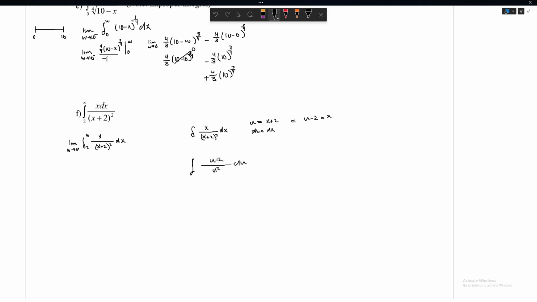Now that I got this, what I can do is separate this into two integrals. So this will be the integral of u over u squared minus the integral of 2 over u squared du. Now this is obviously 1 over u, which is ln of u, minus, for this one the 2 comes out, so the 2 goes here, and then u to the negative 2 plus 1, bring it down, you get negative 1 over u.